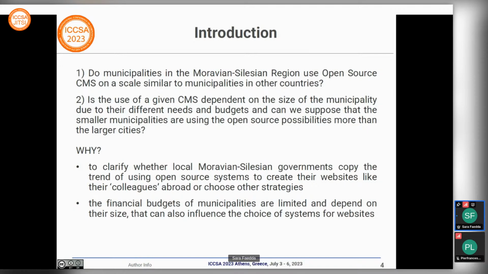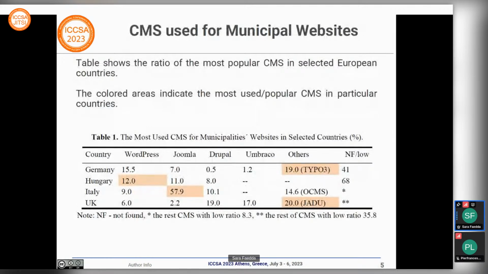Of course we can suppose that the municipalities will use open source systems because of money. It is free of charge, only some small fees have to be paid if you want to do something more. But normally we have no money as municipalities, so we don't use custom systems that should be paid. Okay?